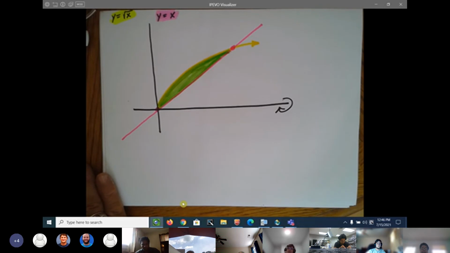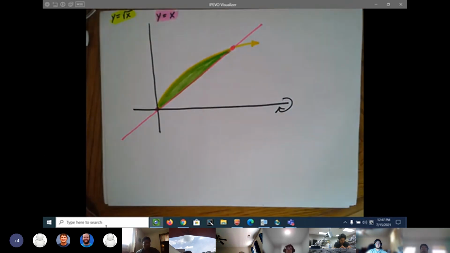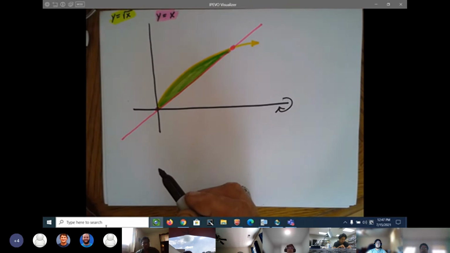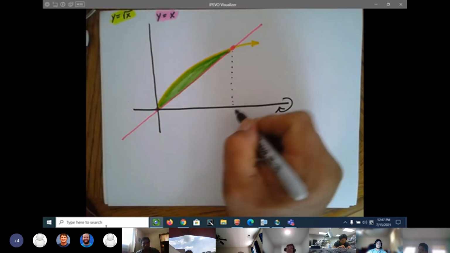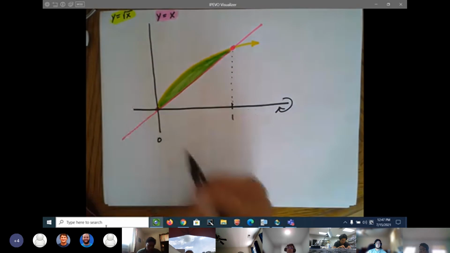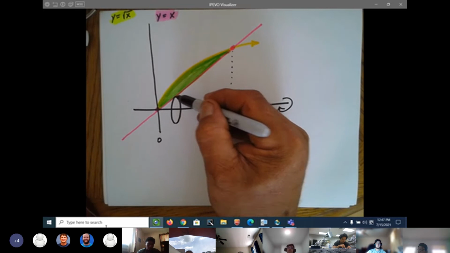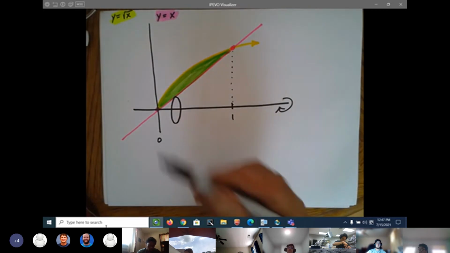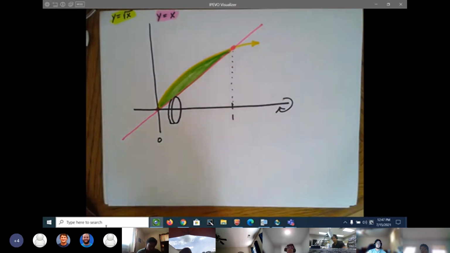Okay, we know that this is going to be 0 and 1. That's going to be 1 right there. Because when you square both sides, you're going to get x is equal to the square root of x. 0 and 1 is going to be your bounds, and we are going around the x-axis, so there is our shell.